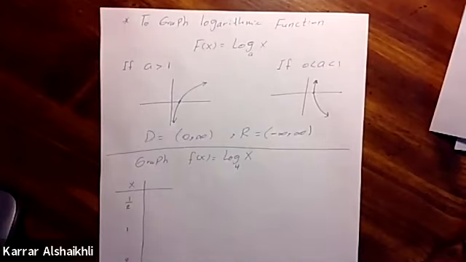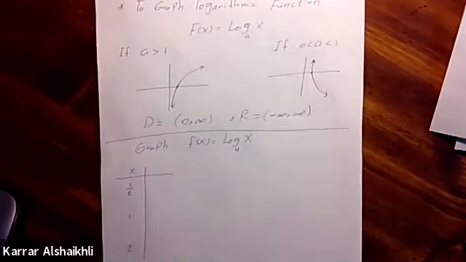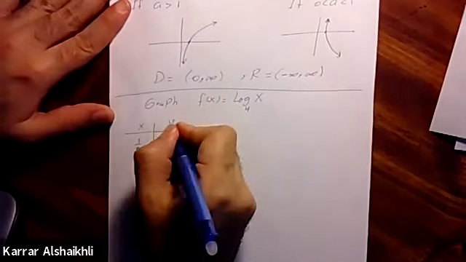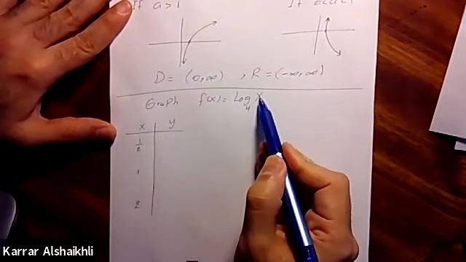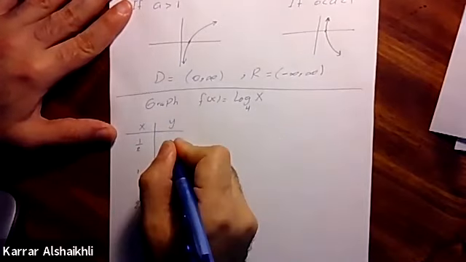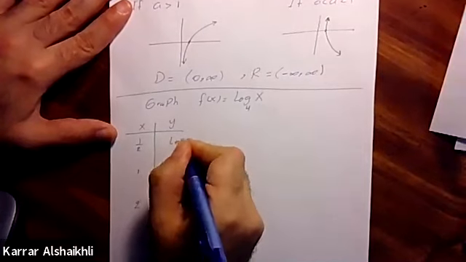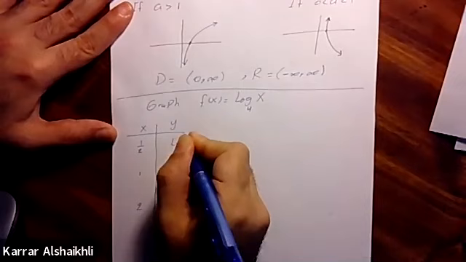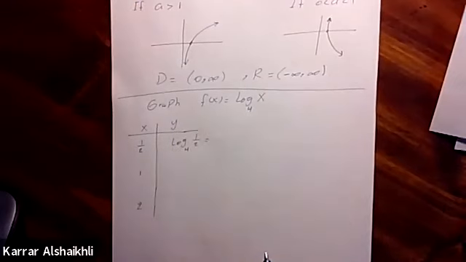Now let's plug these 3 numbers into our function to get the graph. The first thing, I'm going to plug in half here. So it's going to be log to the base 4 of half equals what? Let's check that. We're going to use the calculator. That's why I'm telling you it's easier for you, because you're going to use the calculator.